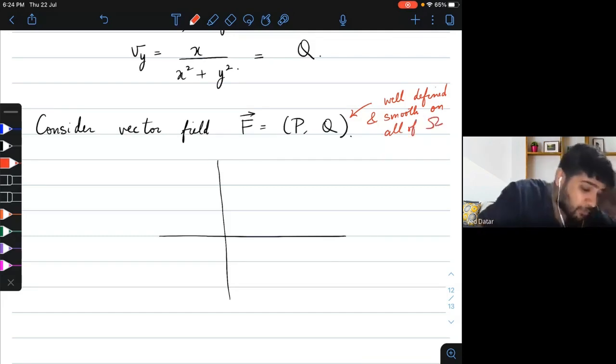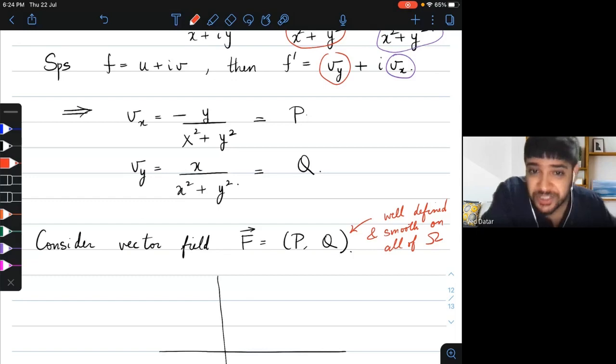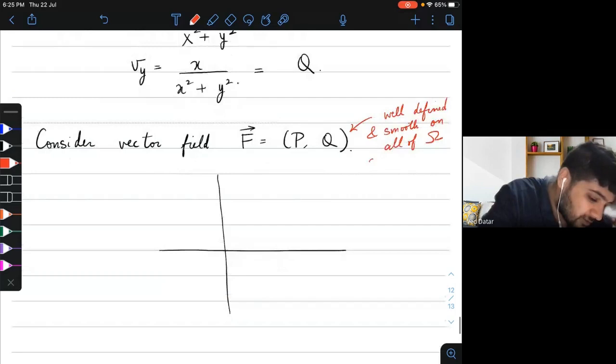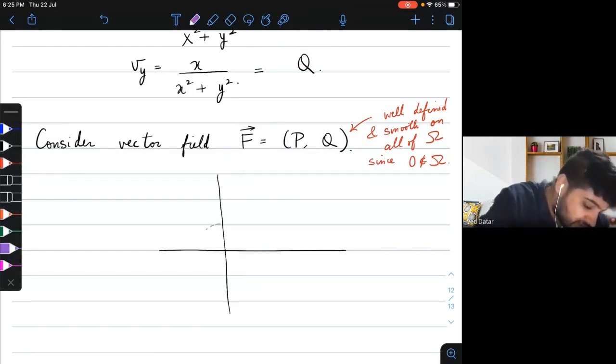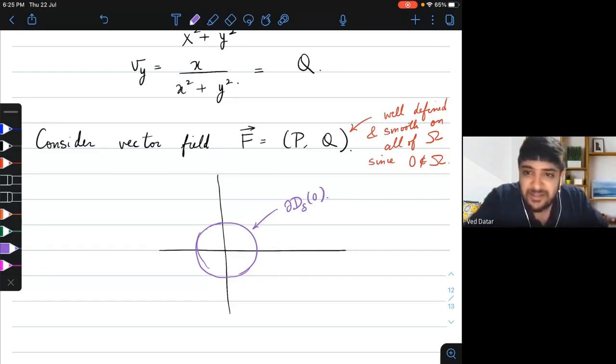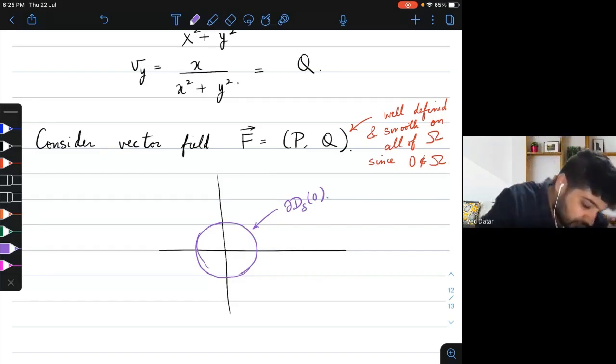Why? Because the only problem point might be at the origin, but we are already assuming that the origin does not belong to omega. Since 0 does not belong to omega. On the other hand, you have this little circle, which is the boundary of the disk of radius delta around 0. And of course 0 is not contained in your domain.